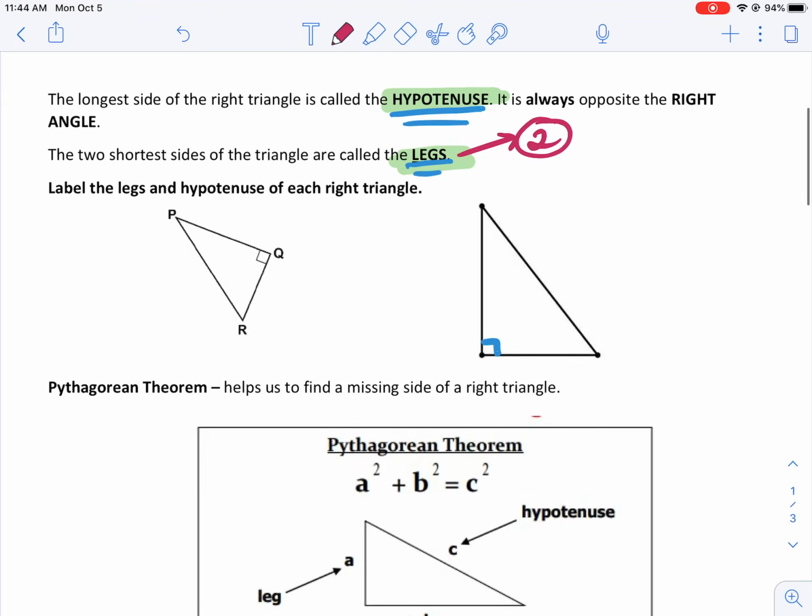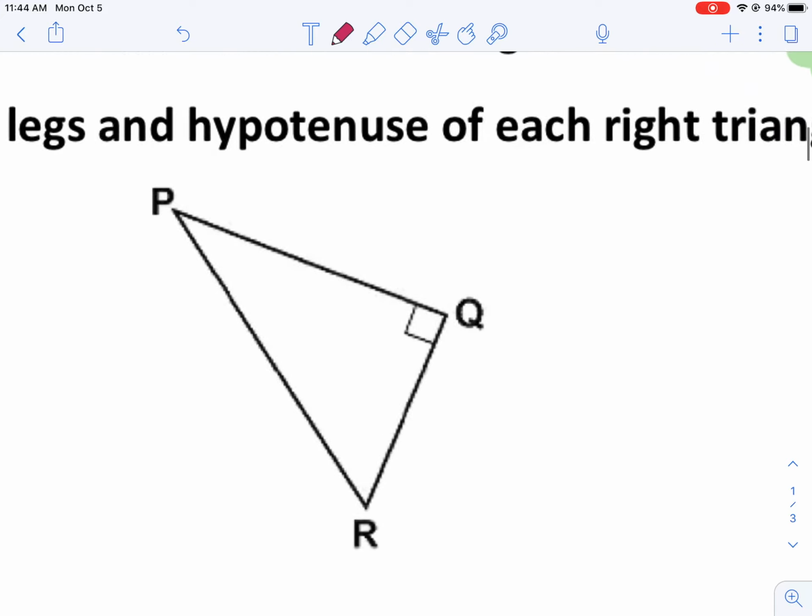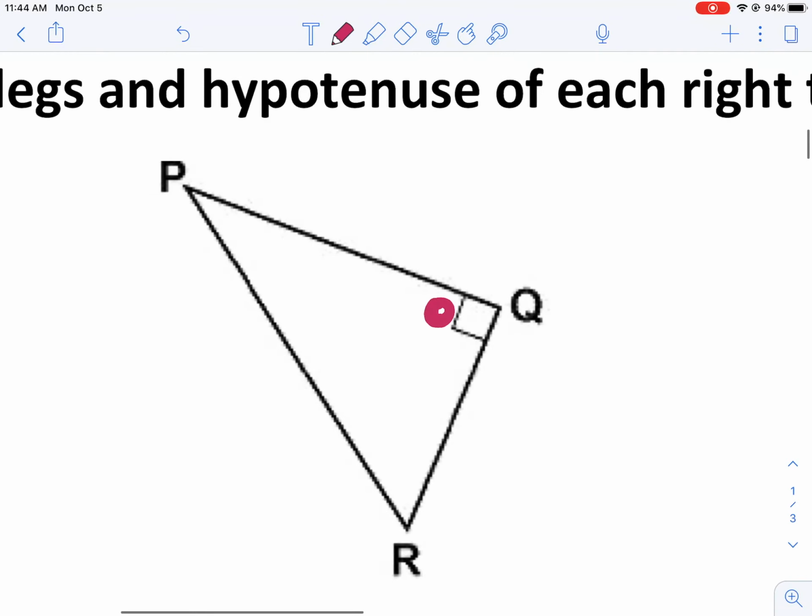So you almost want to picture, let me make this a little bigger. Let's pretend that Mr. Fields is standing right here on this right angle, and we asked him to go find the hypotenuse. Well, to find the hypotenuse, he needs to go across from the right angle. So he's not going to go here or here because those are actually adjacent, right? But he's going to go completely across. So this is going to be our hypotenuse.